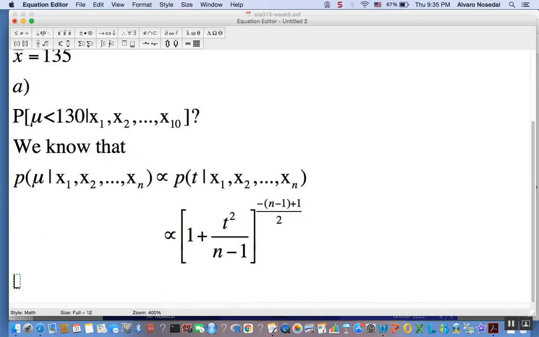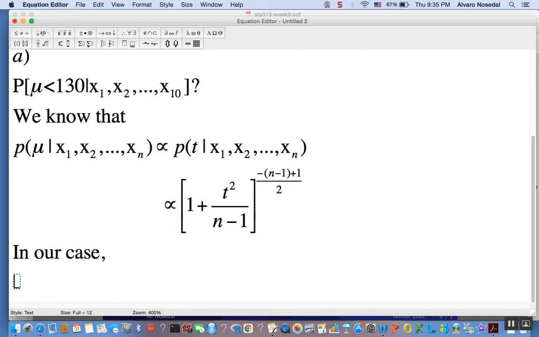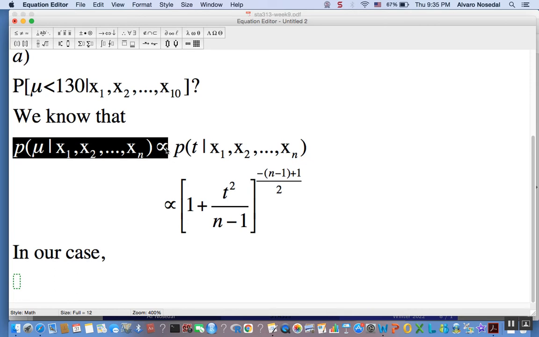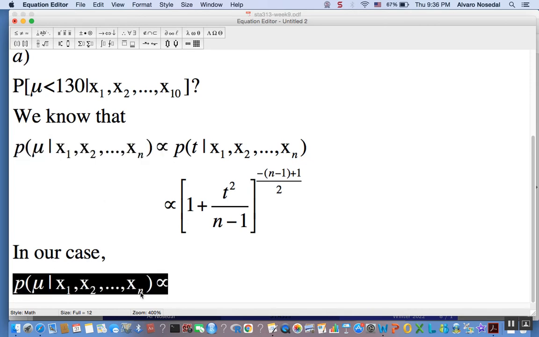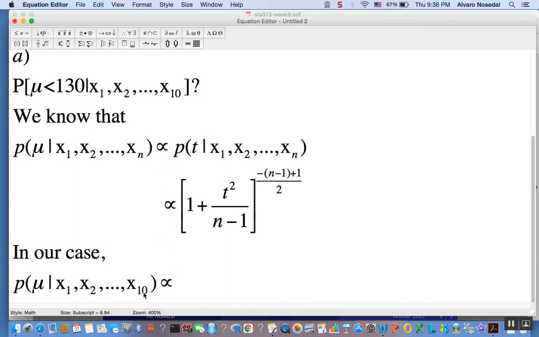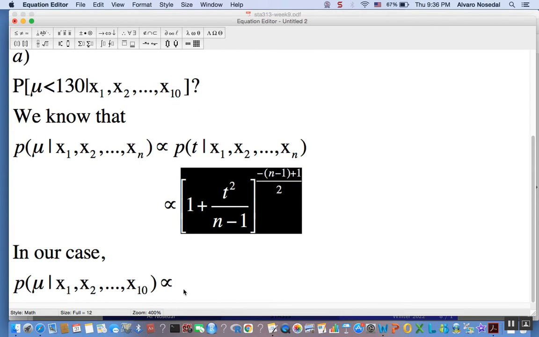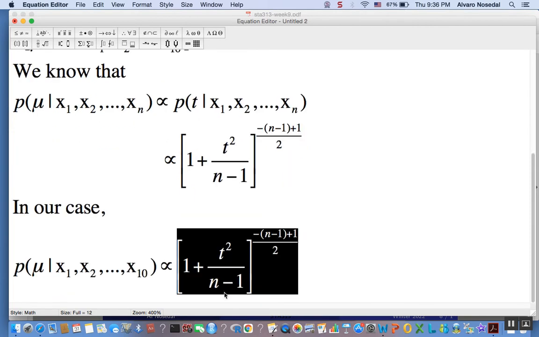So when we see that expression, it is the kernel of a t distribution with n minus 1 degrees of freedom. So in this particular example, the posterior probability of mu, given our sample of size 10, will be proportional to something that looks like this, but we're going to make a few changes accordingly.